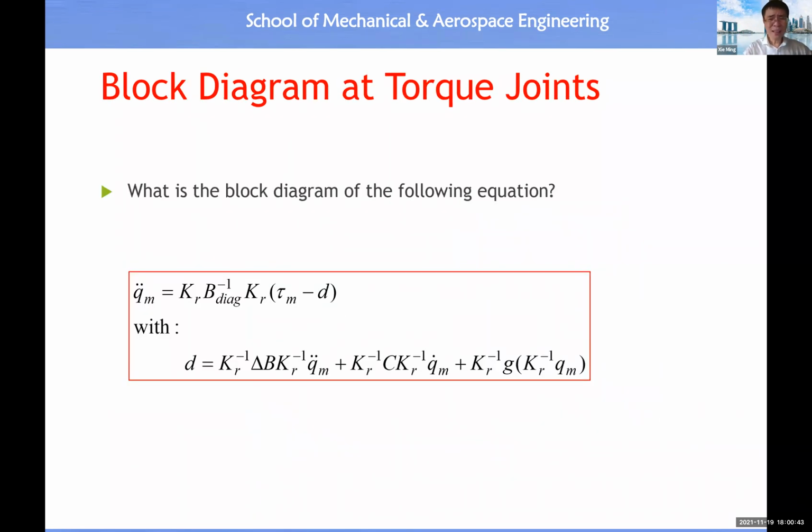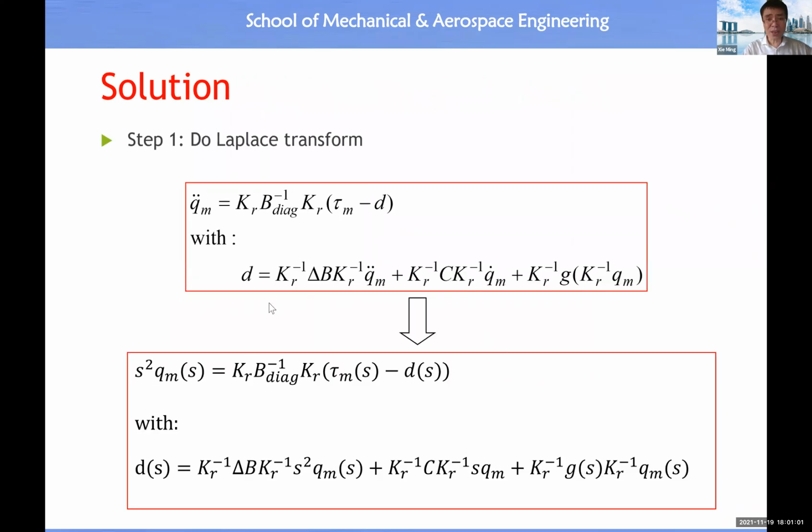So we start with this result, which we studied in lecture 2. I hope you remember. Here you have a double dot, then the torque, then a D term. Inside here you also have a double dot, single dot, etc. What we do is apply the Laplace transform: the double dot becomes S squared, then the Laplace transform of q_m.